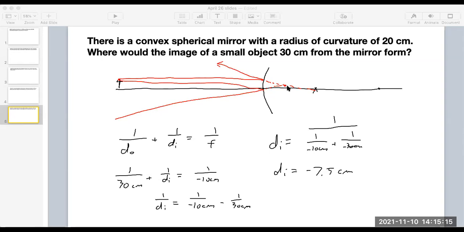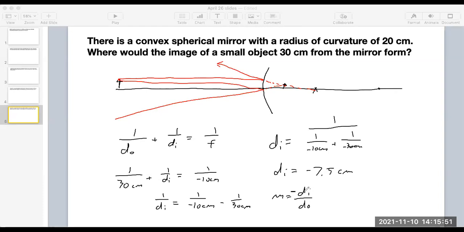The light doesn't actually come from the image. Light never passed by there. It just seemed like it was radiating outwards from that point. So virtual instead of real. Also, it is right side up because our magnification is minus our image distance over our object distance.